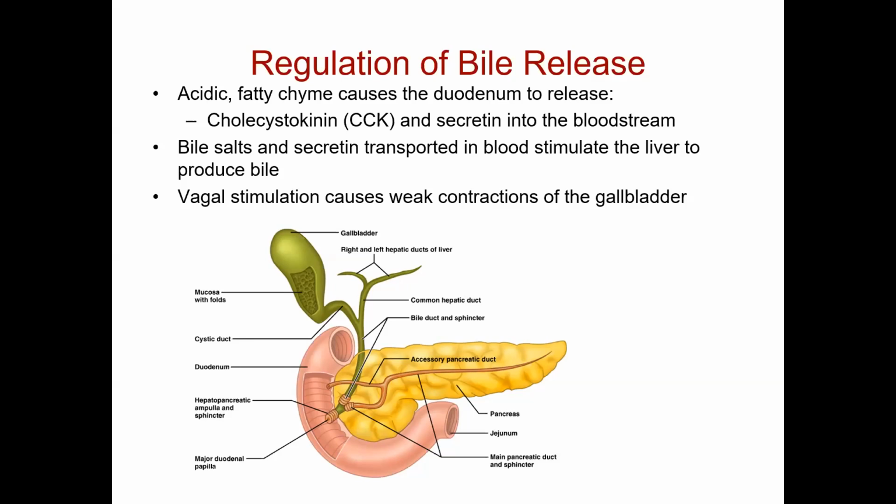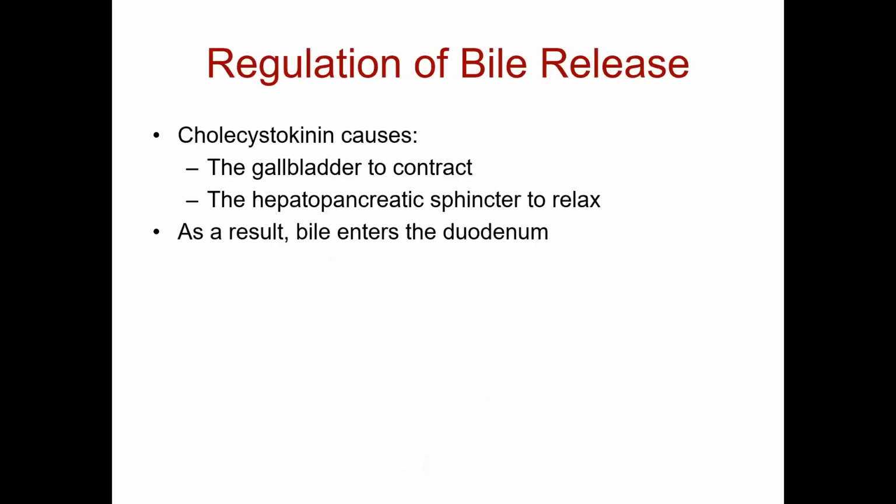And in this case, the CCK-making cells will sense it and start making more CCK, and then CCK will target bile release to release more bile into the small intestine. Okay, so here is what CCK can do to release more bile.